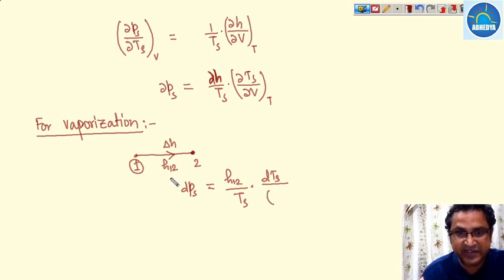And dV is the change in specific volume, that is V2 minus V1.